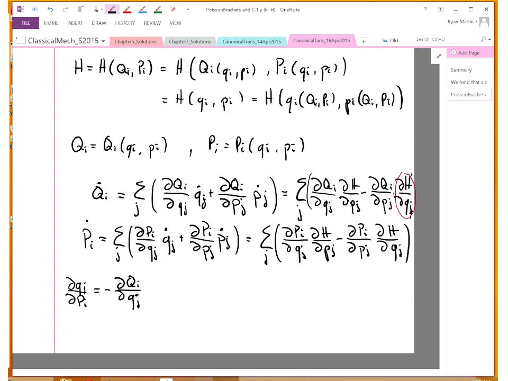That's incorrect, actually. Let me work this through in the notes here. I think I did it right in the notes, but wrong here. ∂q_j/∂p_i.